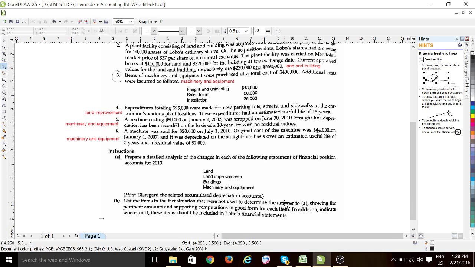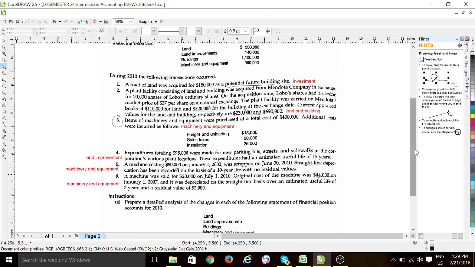Now we're going to the second question, which is to list the items in the fact situations that were not used to determine the answer to A, and to show the pertinent amounts and supporting computation in good form for each item, and indicate where or if this item should be included in Lobo's financial statement.